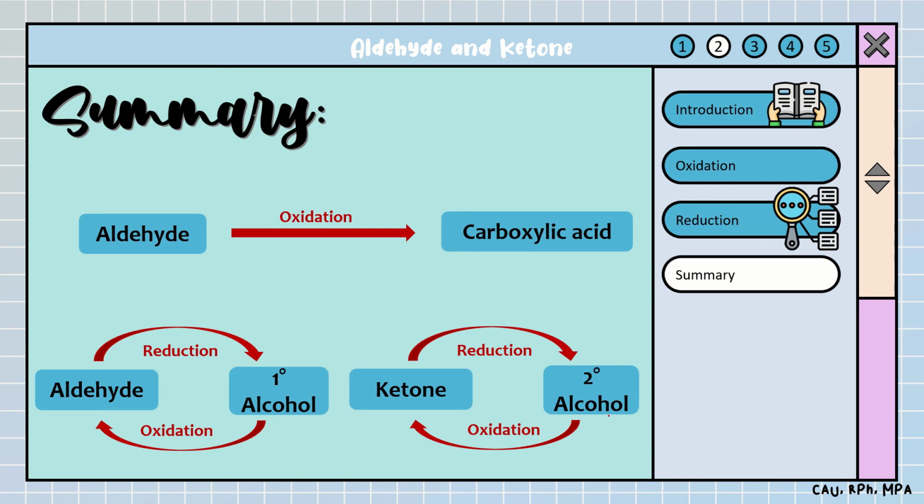However, we can also synthesize ketone using the reverse reaction of our reduction, which is the oxidation, in which if the alcohol is secondary, using the oxidation process, we can obtain the ketone, while if the alcohol is primary, we can synthesize aldehyde in the oxidation reaction.